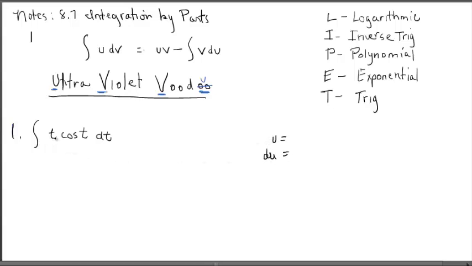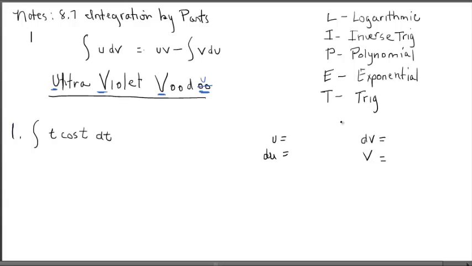Well, u could either be t or u could be cosine t. Both those derivatives are easy enough. And I also need dv. I'm going to go backwards here, back to v. Notice in the formula I need to have a differential here. So if I have a differential, I have to be able to integrate it back to v, so that's why I lead off with the dv here.